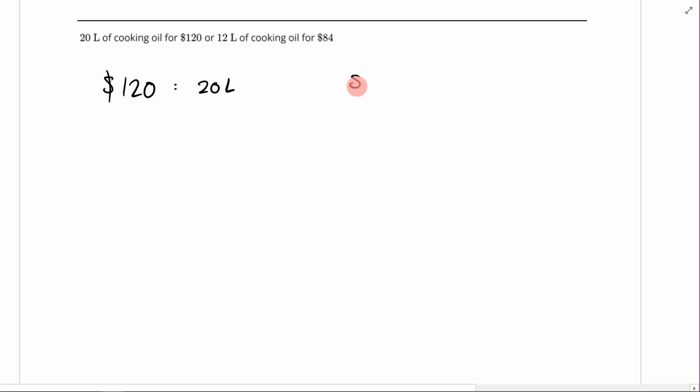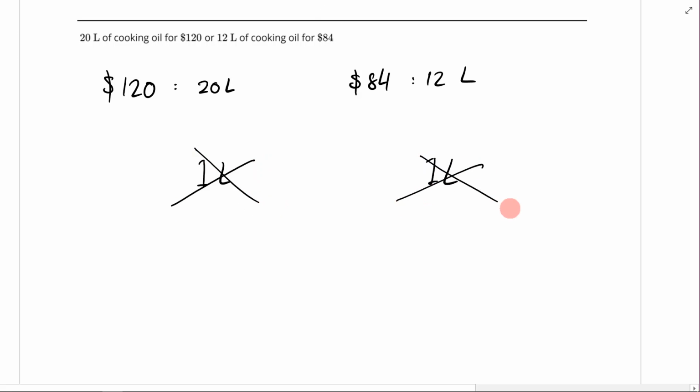And over here, I have $84 for 12 liters. Whoa. Again, the thing that you want to recognize here is that we don't necessarily have to go to 1 liter. In fact, in this case, it would be a bad move to go to 1 liter. Rather, it's just easier to make them both in common.